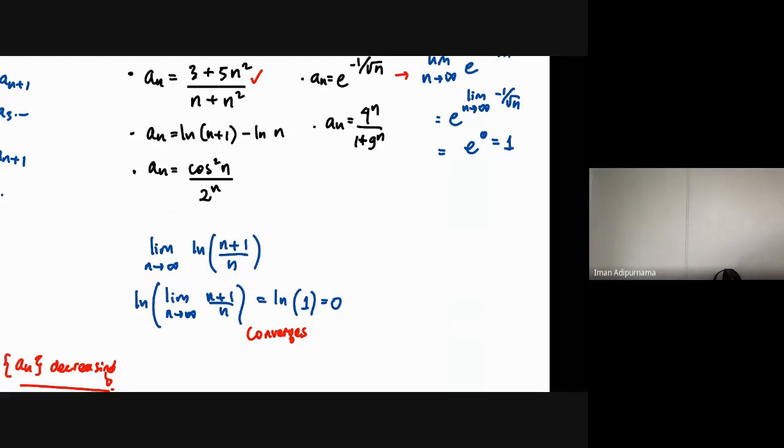Any idea for the cosine squared n? One minus... Hmm. But that's the problem.